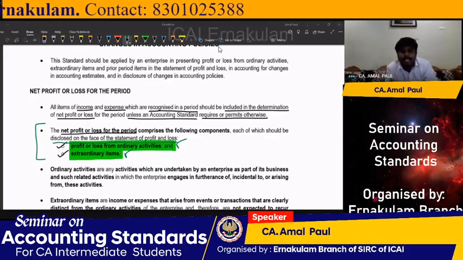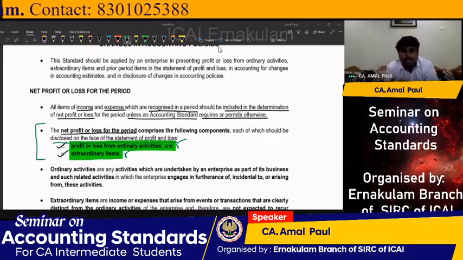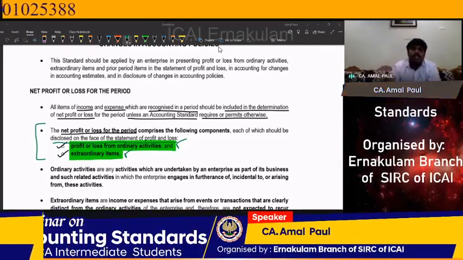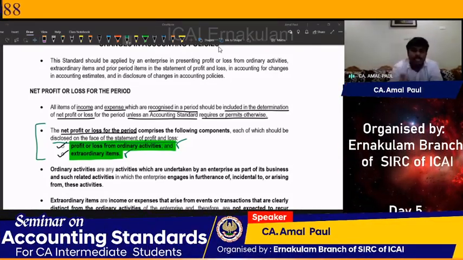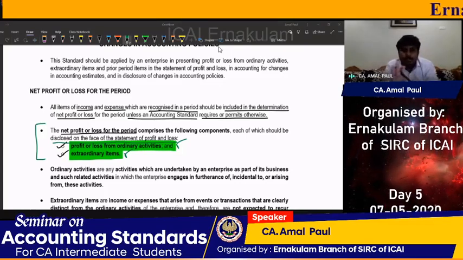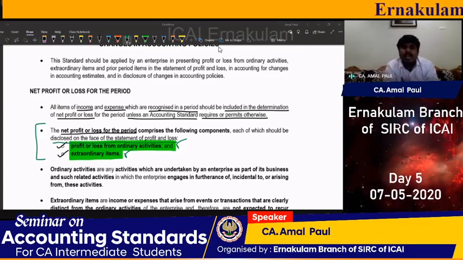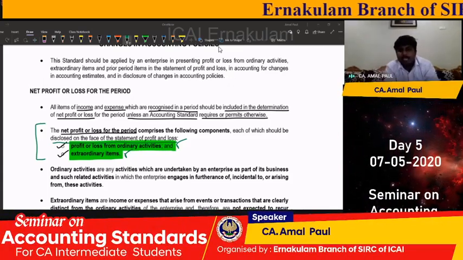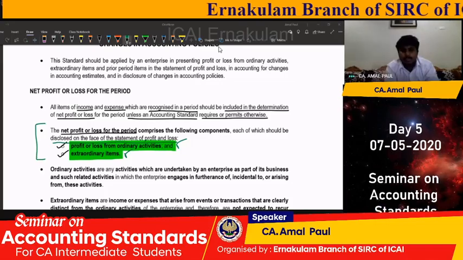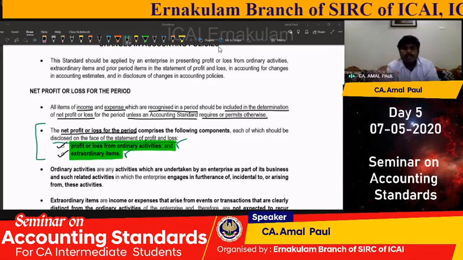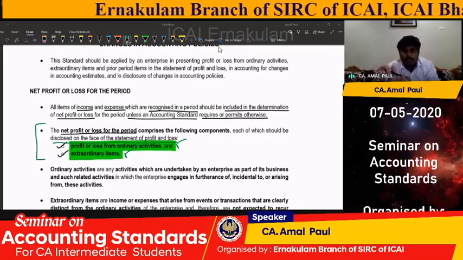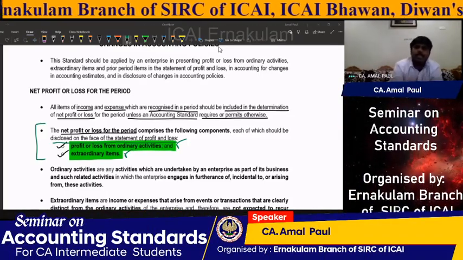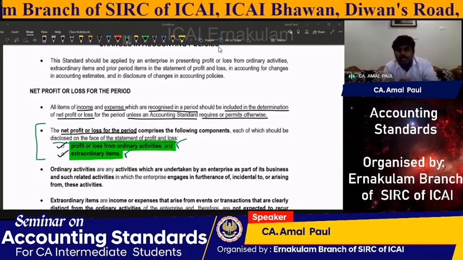Schedule 3 is designed in such a way; it is based on Accounting Standard 5. The Schedule 3 P&L format is largely dependent on AS 5, which we are learning, as well as AS 24, which we will learn sometime later. So these two standards have influenced the Schedule 3 P&L format. Are you clear with this?